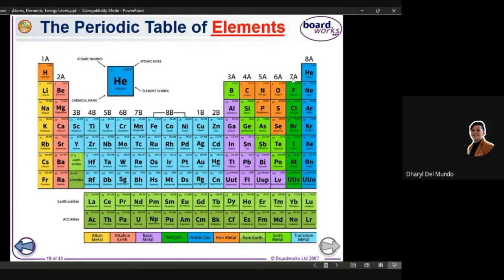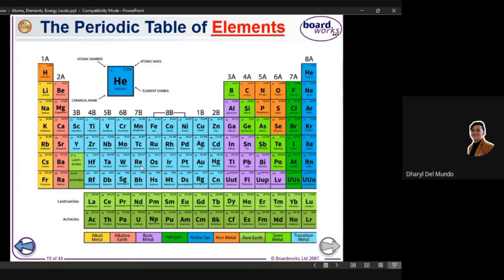Okay, so helium down to this element has, of course, the same valence electrons. Fluorine, after this element, has the same 7 valence electrons, and so on. While here, the group B, they are all the transition or transitional metals. They are the group B because they share the same characteristics.